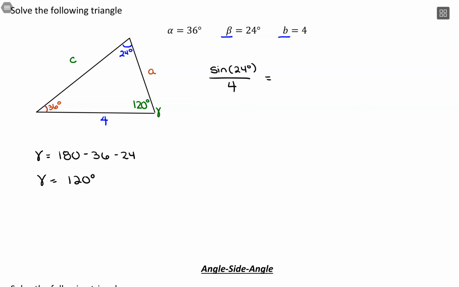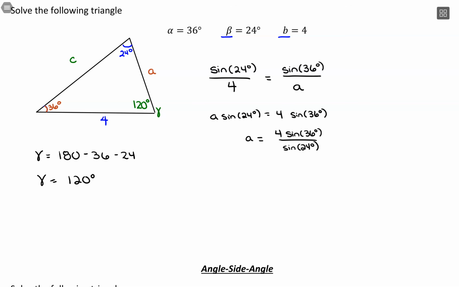And then let's go with A. So I'm going to do sine of 36 degrees, using alpha, and then divided by our unknown of A. And then we just solve for A, so I'm going to cross multiply, and then divide. So A is going to be equal to 4 times sine of 36 degrees over sine of 24 degrees. Again, just make sure your calculator is in degree mode here, and that should give us a side length of 5.78. So for A, we have 5.78.